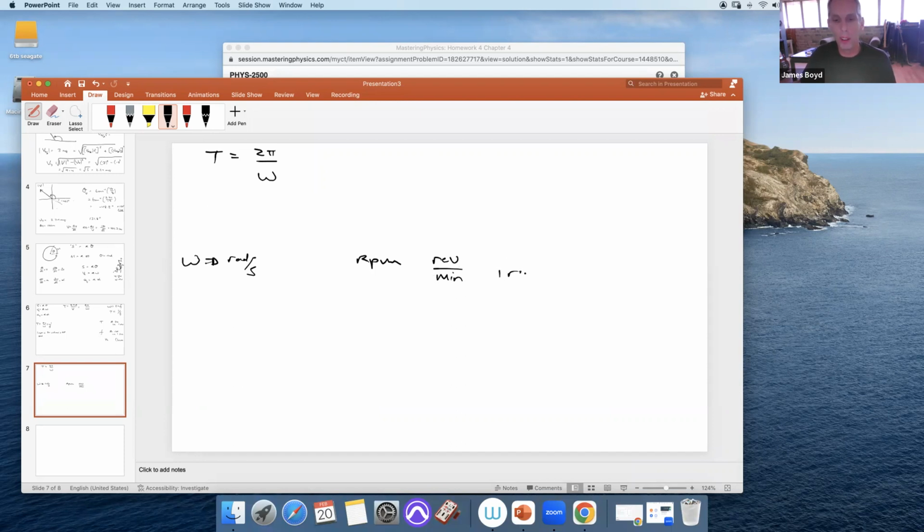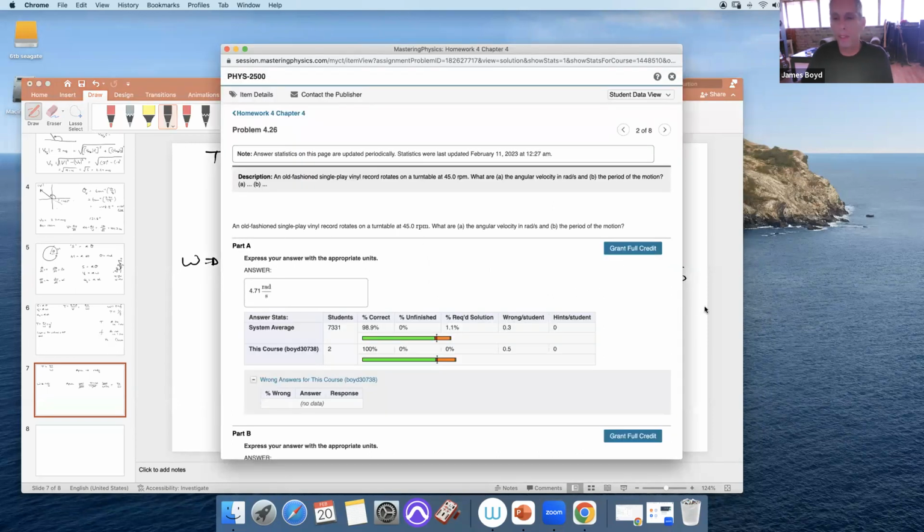In one revolution, there are 2 pi radians, and in 1 minute, there are 60 seconds. So the minutes cancel, the revolutions cancel, and you get rads per second. To convert RPM to rad per second, multiply by 2 pi over 60.